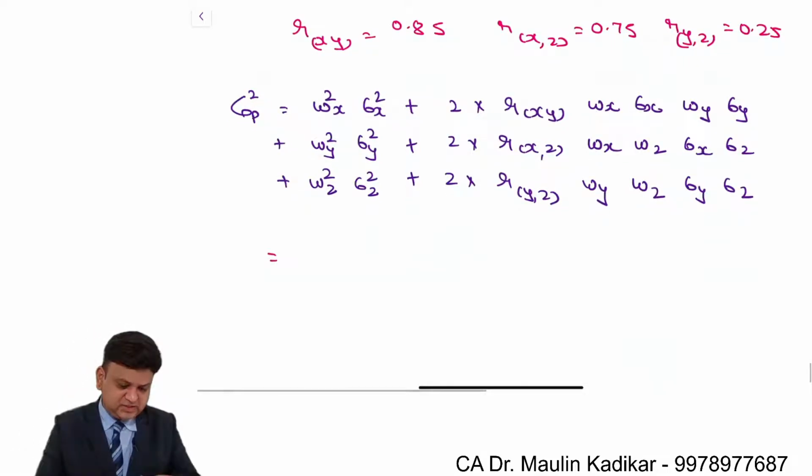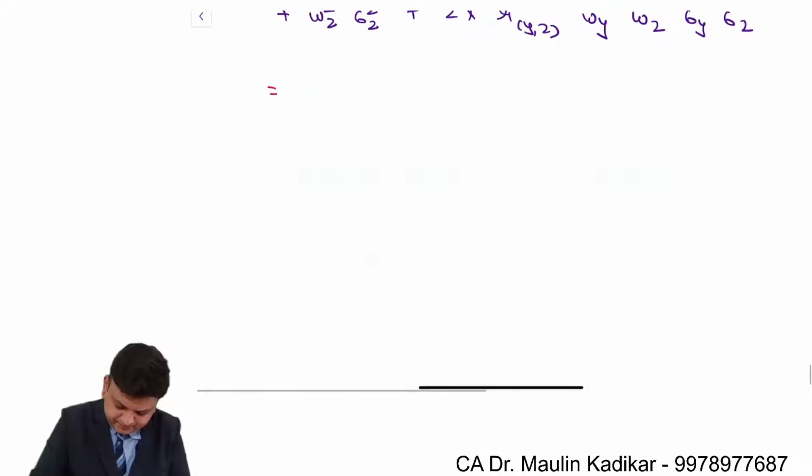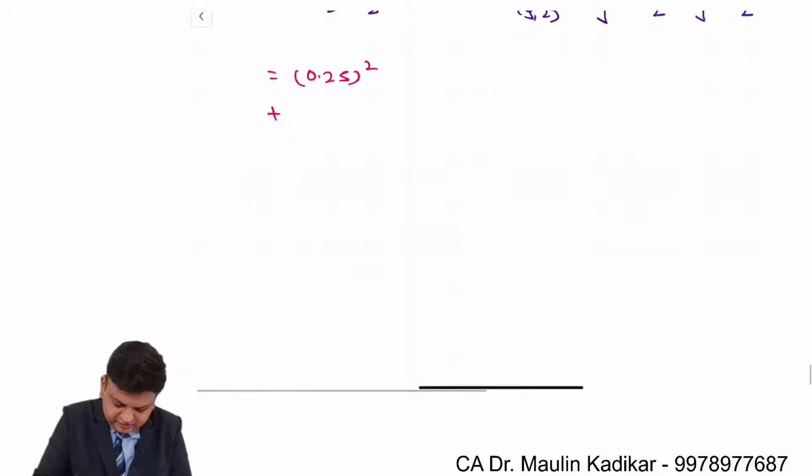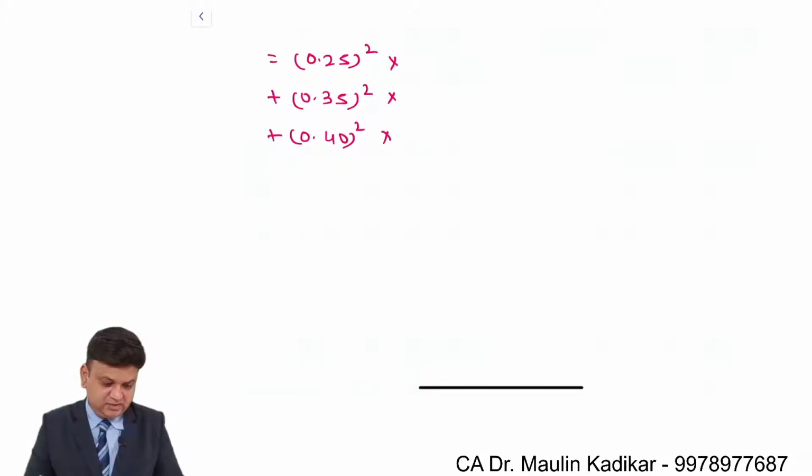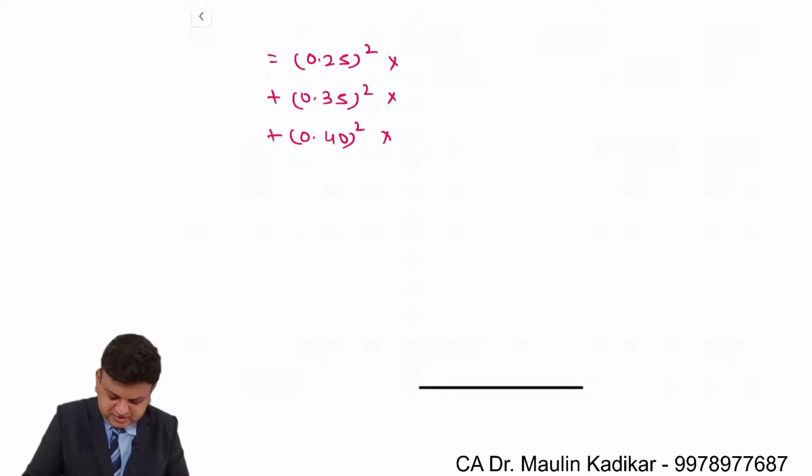So weight of x is 0.25, weight of y is 0.35, and weight of Z is 0.40, into variance of X. As far as the security X is concerned, its standard deviation is 18. For Y it is 22.